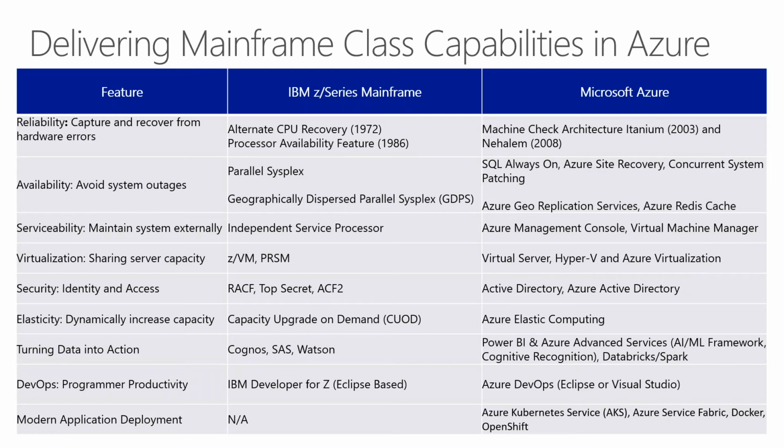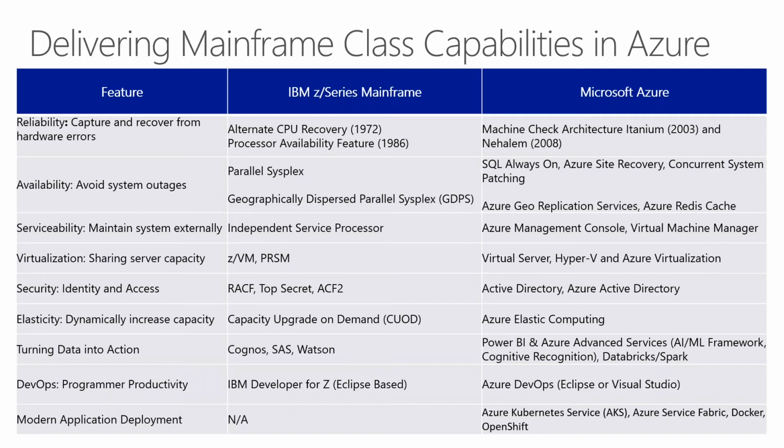Well, you can get those kinds of capabilities in Azure with our different Azure abilities to have regional available replication services, but we also can use caching services like Redis Cache in Azure to do that same type of memory and data sharing. We also have things for the independent service processor with things like Azure Virtual Machine and Management Console. And it keeps going on.